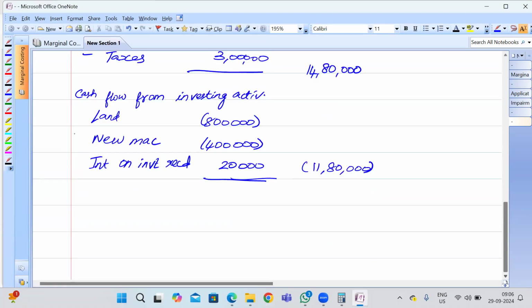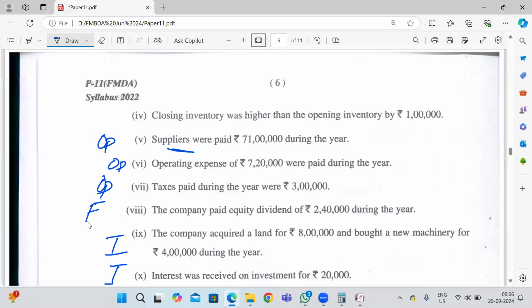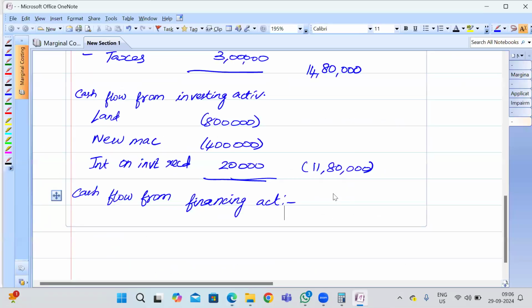Now let's move on to cash flow from financing activities. Here we have paid a dividend of 2,40,000. Apart from that, we don't have anything else.